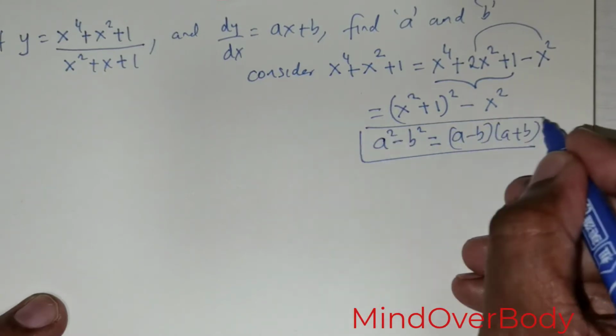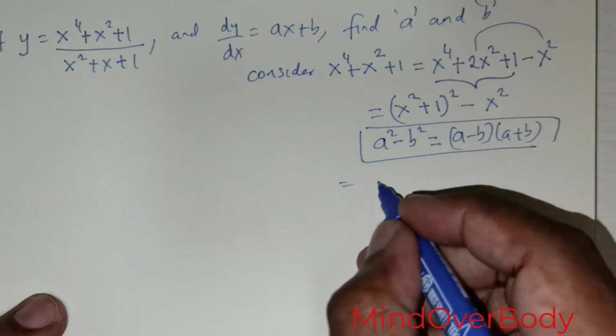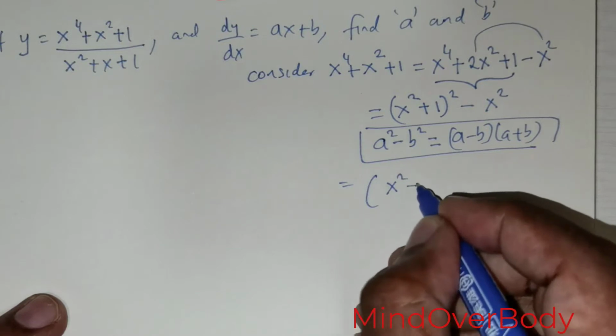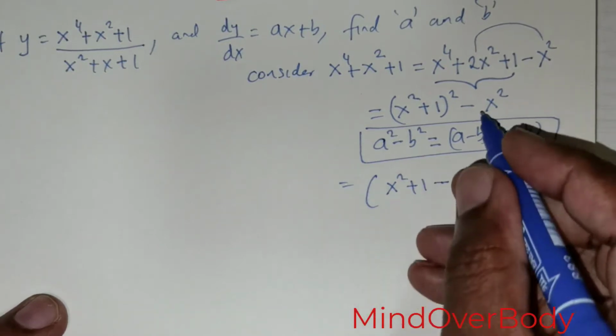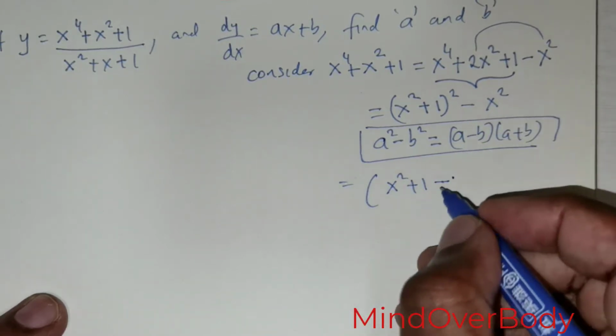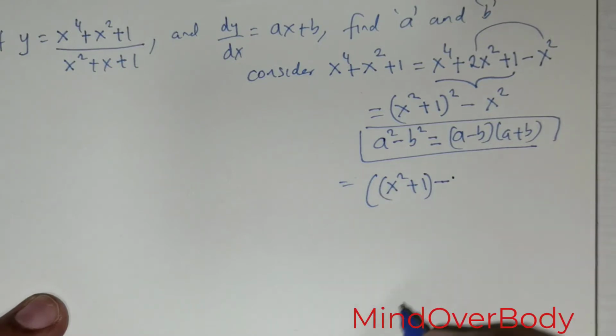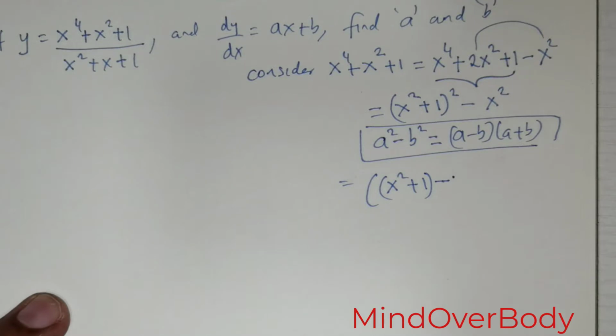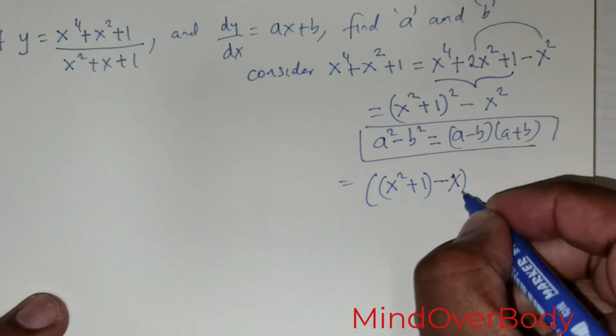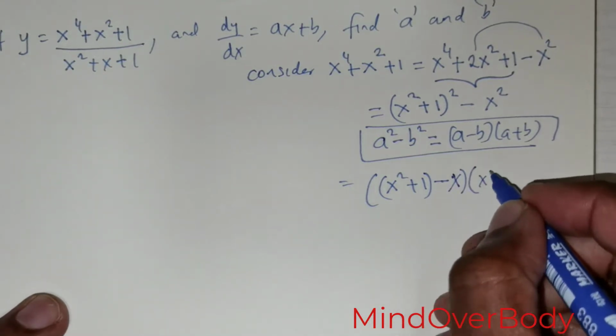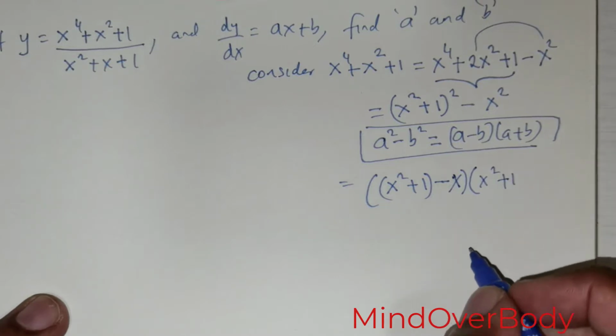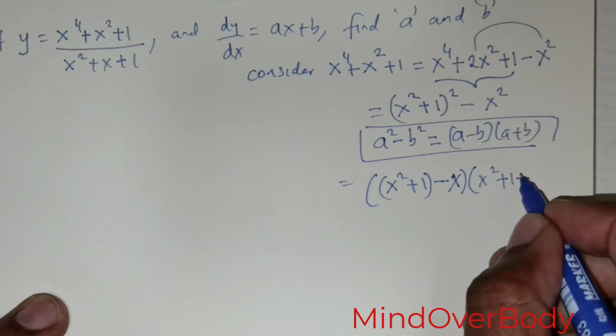So using this, I can rewrite this as (x² + 1 - x), and that has to be followed by (x² + 1 + x).